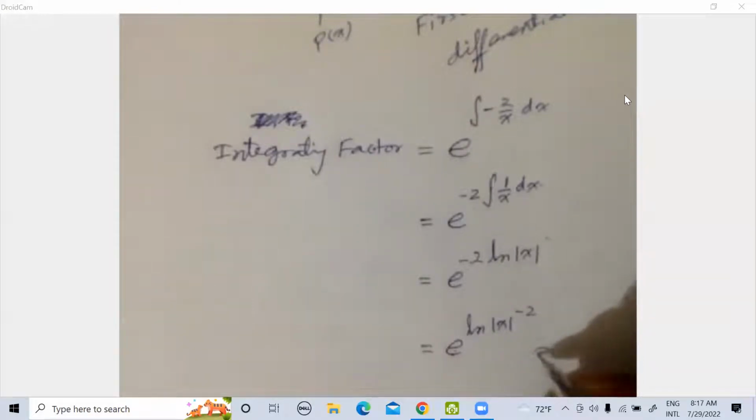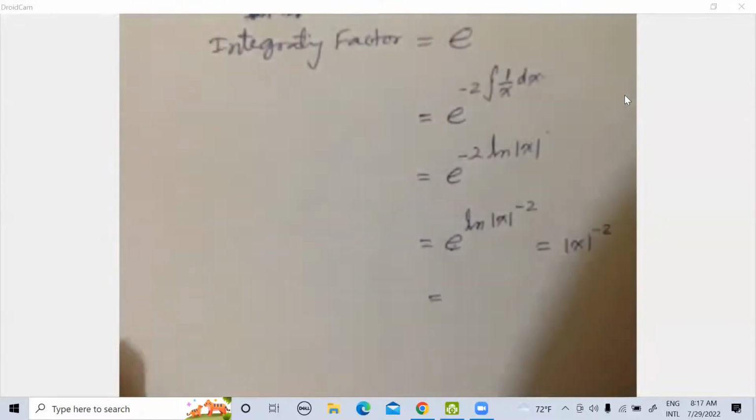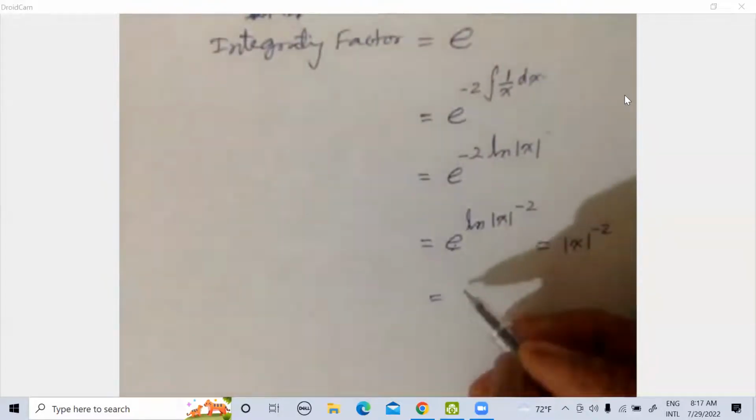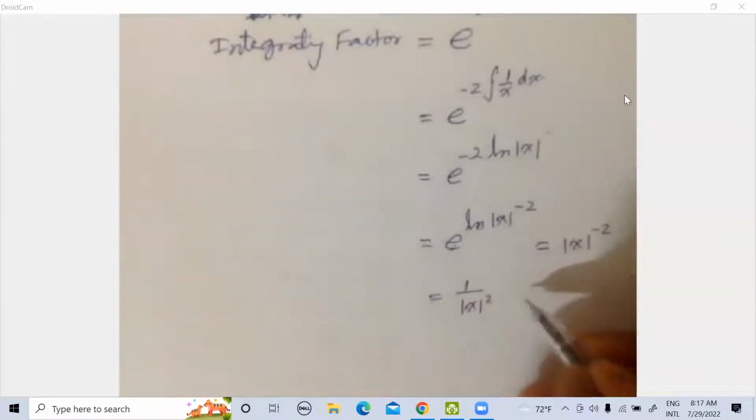This is log base e. That is equal to absolute x to the power minus 2. That is the same as 1 over absolute x squared. When you square, you don't need the absolute. 1 over absolute x squared is equal to 1 over x squared.